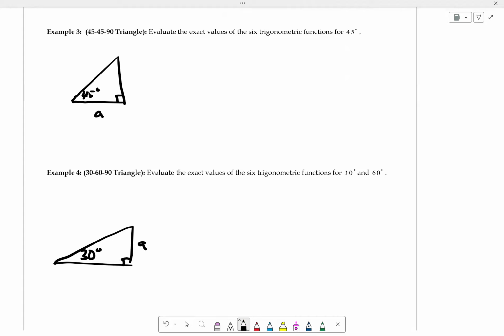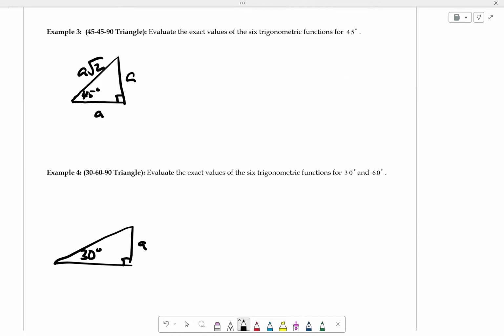Don't do like A, B, C. We know that these are the same. Did your partner know what this hypotenuse is? Can you use Pythagorean theorem to do it? We could, but we already know from last year, perhaps, or maybe just right now that it's A times root 2. In other words, if we know that these legs are 5, then the hypotenuse would be 5 root 2.